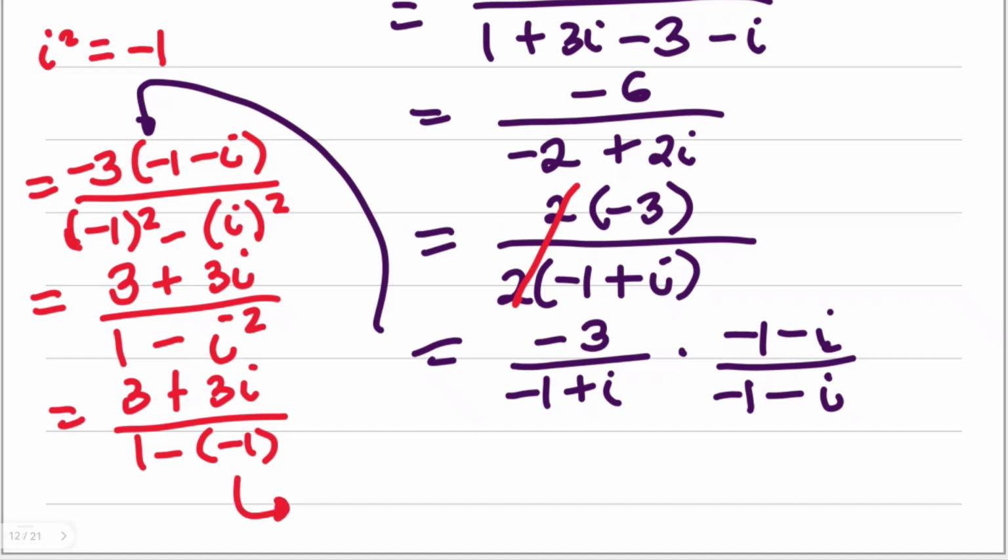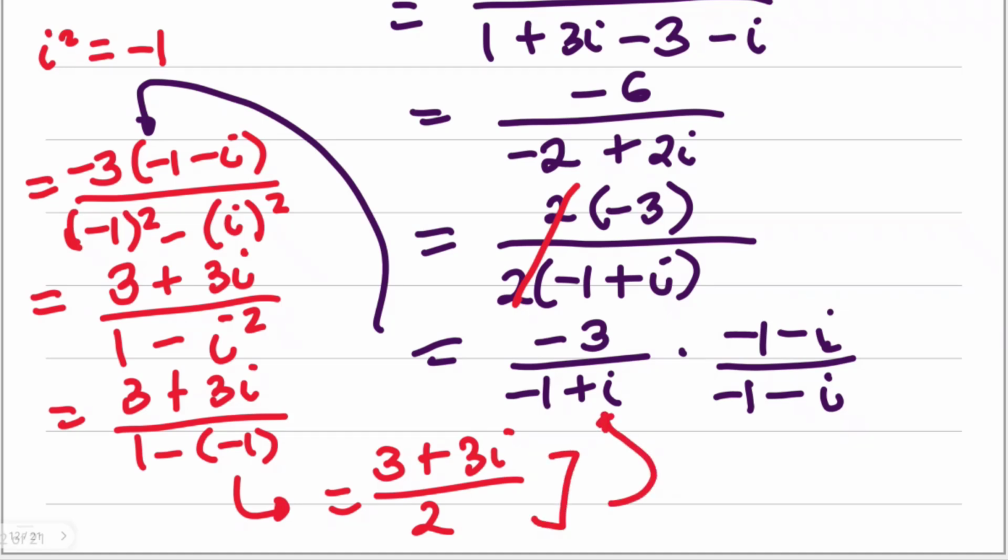So you have the result, which is (3 plus 3i) over 2, since 1 plus 1 is 2. This is also the equivalent value to the earlier one, but earlier we were not able to remove the imaginary unit in the denominator. Some professors would like us to do this, so we can have this process here.